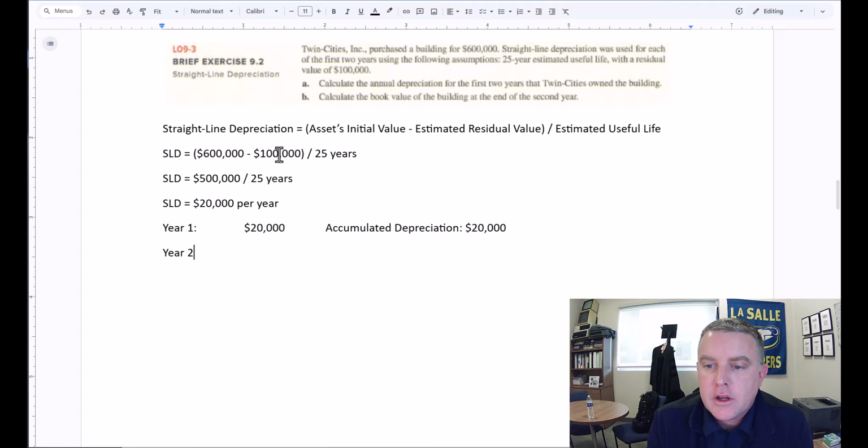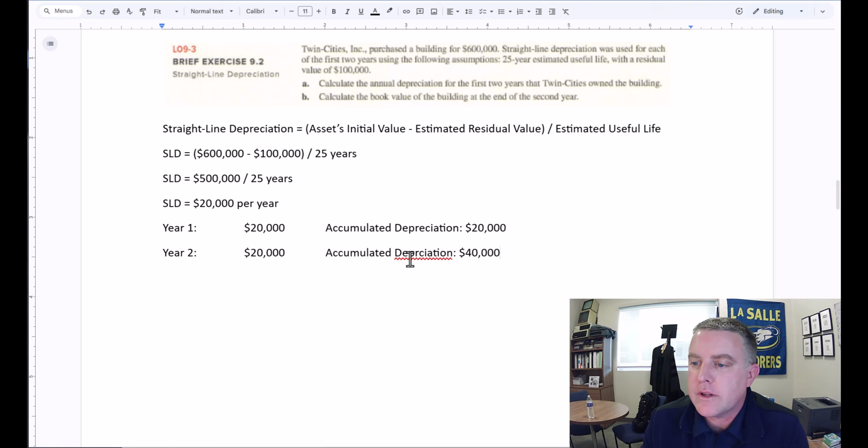Year 2, we record depreciation again of $20,000, and now our accumulated depreciation is equal to 20,000 from last year plus 20,000 from this year, or $40,000. Okay, so you can see each year the total depreciation, which we call accumulated depreciation, goes up each year.